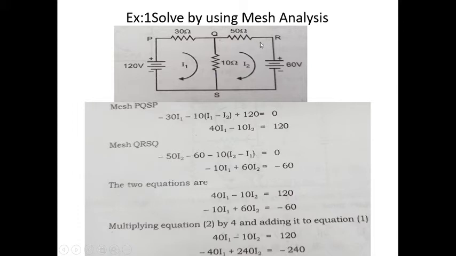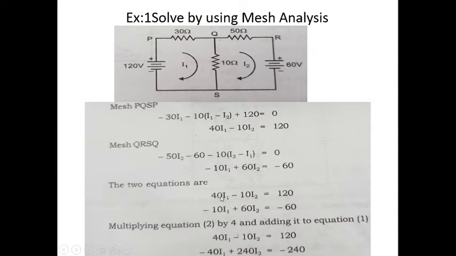Then here it is plus to minus, so it will be minus 60 is equal to 0. So we can rearrange this: minus 10 I1 plus 60 I2 is equal to minus 60. So we can see that the two equations are like this: 40 I1 minus 10 I2 is equal to 120, and this equation.